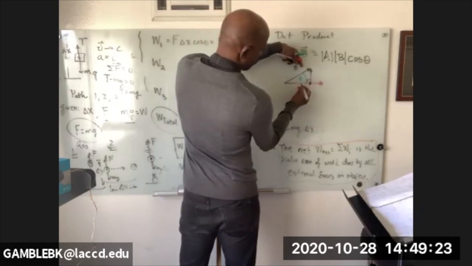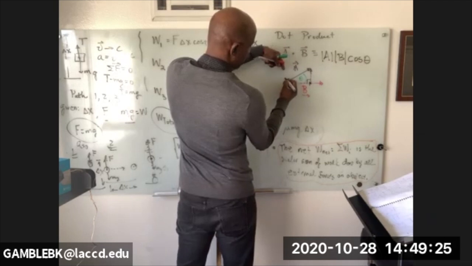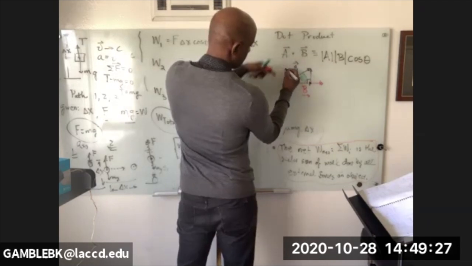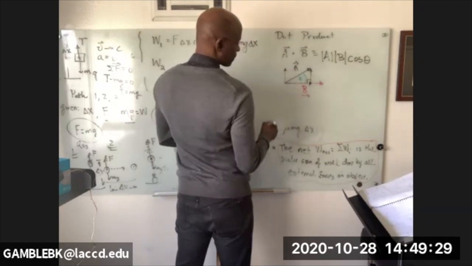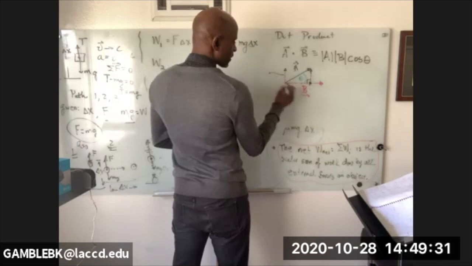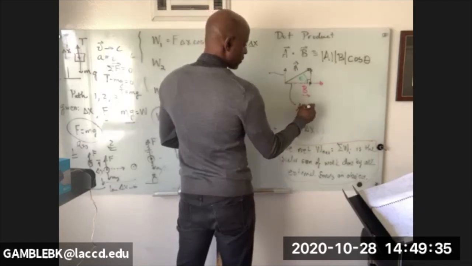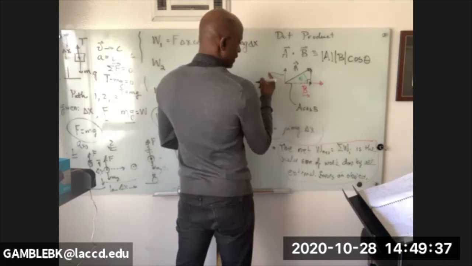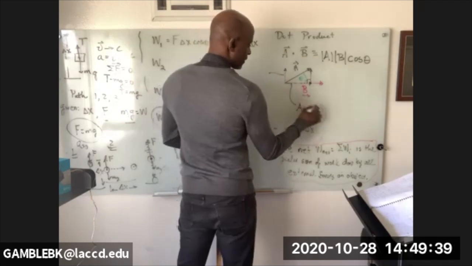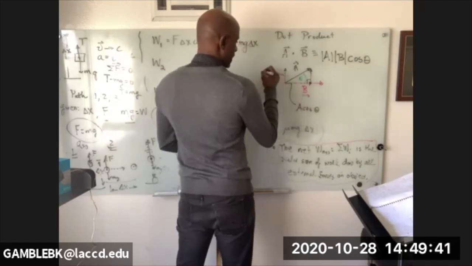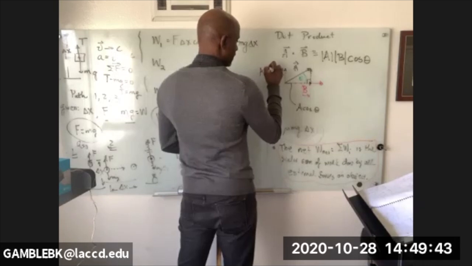I could project it over here to clean it up a little. What is this vector and what is that vector? This vector here is A times the cosine of theta, and this vector here is A times the sine of theta.